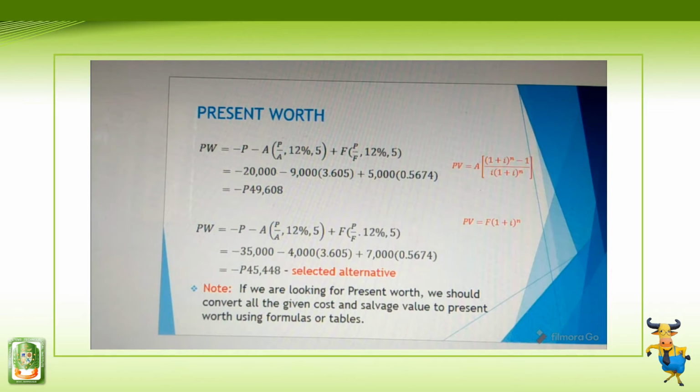So, the formula is PW equals negative P minus A multiplied by the factor P given A, at 12% interest and 5 years, plus the future worth multiplied by P given F, 12% and 5.